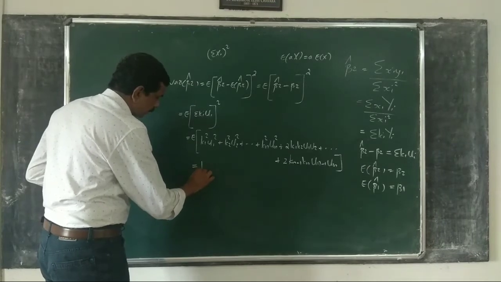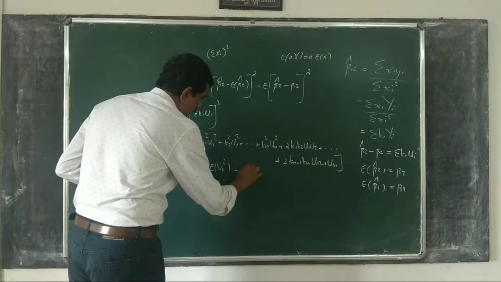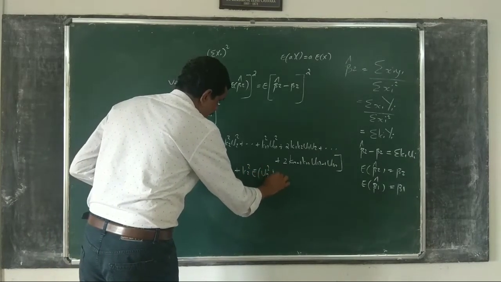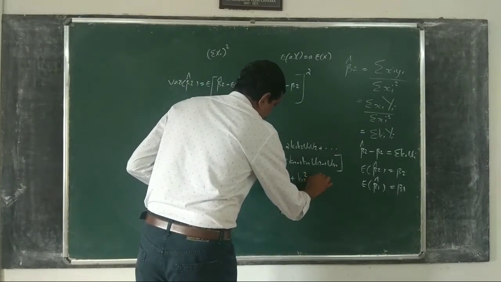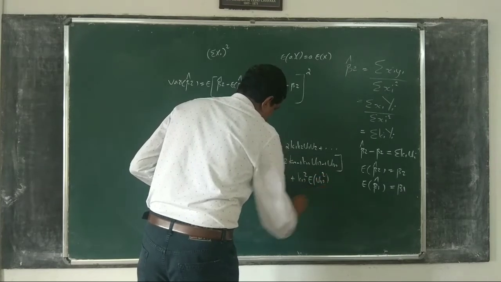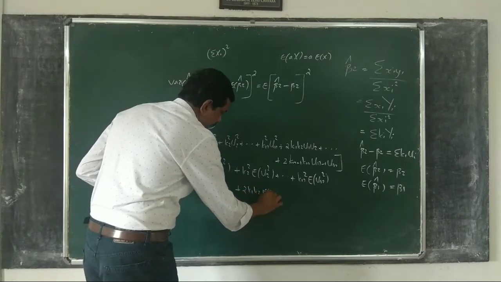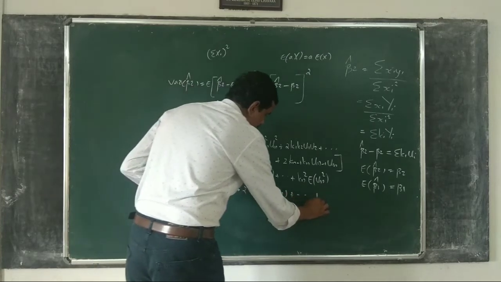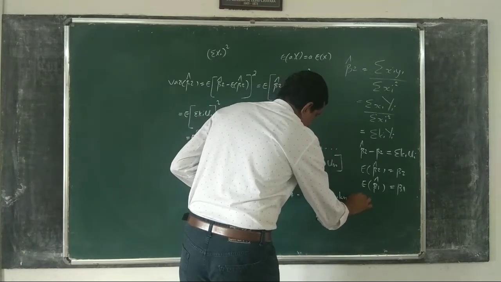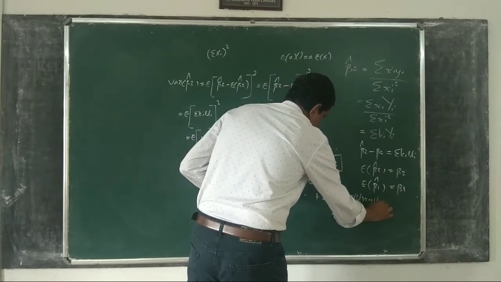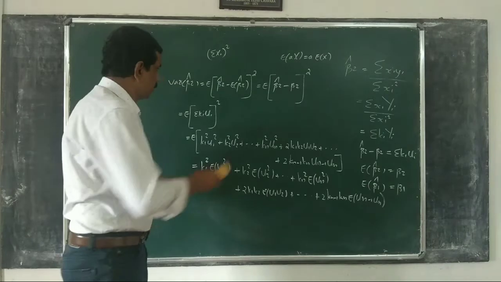This is equal to k1 square expected u1 square plus k2 square expected u2 square plus etc. plus kn square expected un square plus 2 k1 k2 expected u1 u2 plus etc. plus 2 k(n-1) kn expected u(n-1) un.